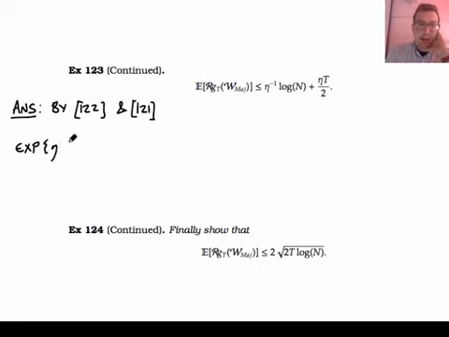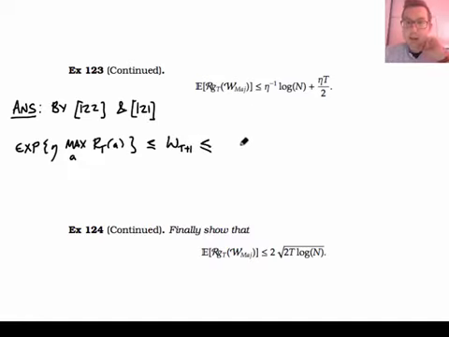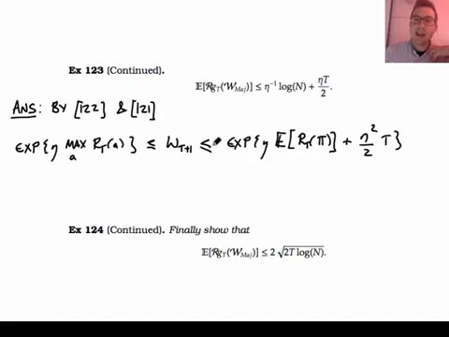exp of eta times the maximum reward over all the rewards for following a fixed action is less than or equal to w_{t+1}, which is less than the exponential of eta times the expected value of the reward from my policy, I'll just say pi rather than writing that weird symbol, plus eta squared over 2t, and I'm forgetting an n at the front.